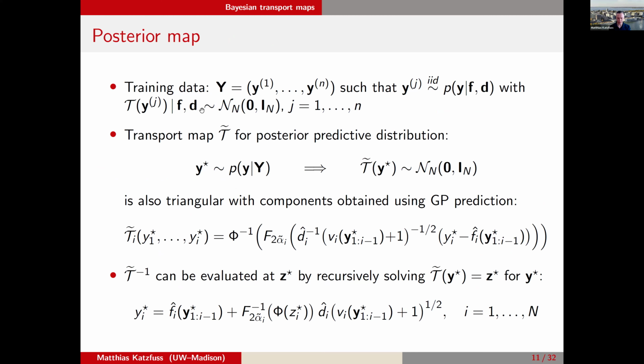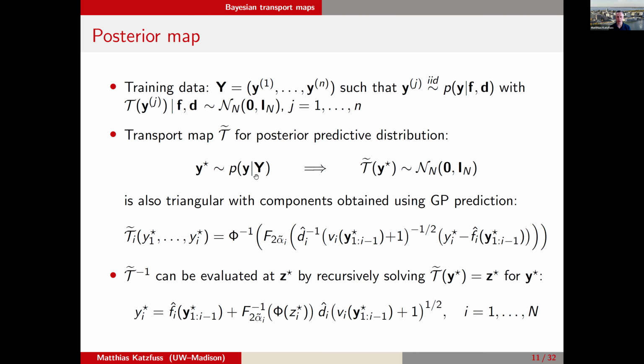So what happens now is that we have a model. What if we have training data and we want to fit the model to that? Let's say now we have capital Y consisting of y1 up to yn that are our samples from the distribution of interest. Here I'm making explicit that this is conditional on the f and d.